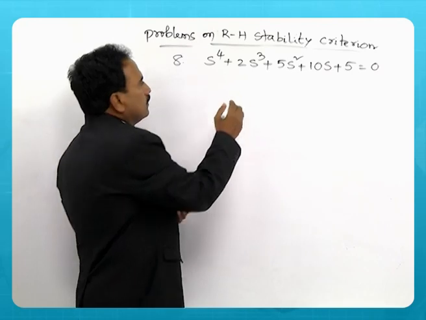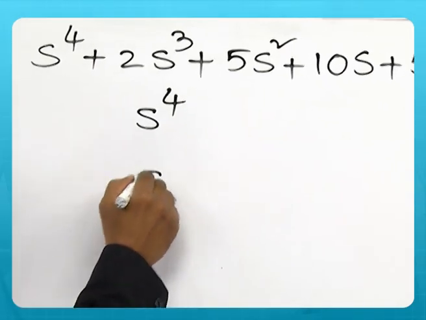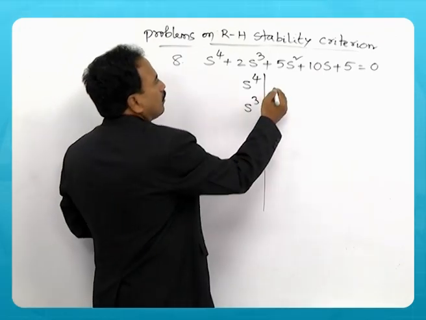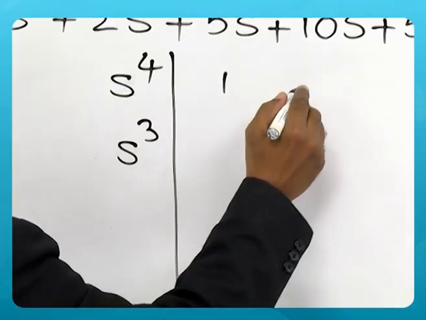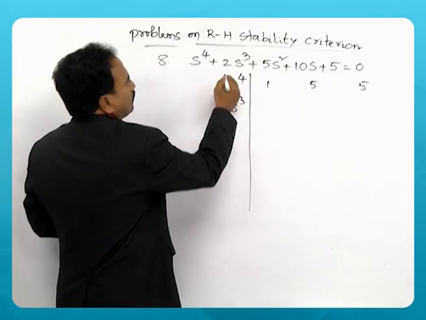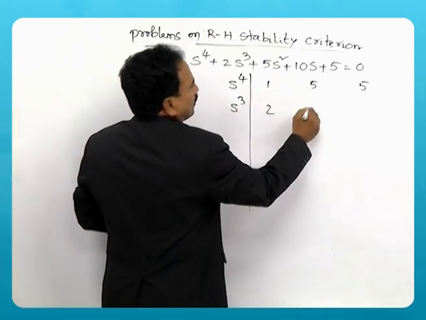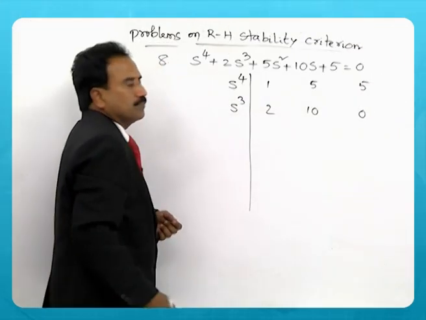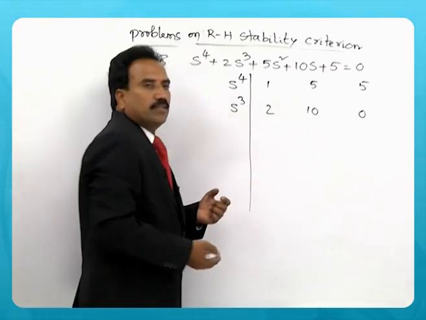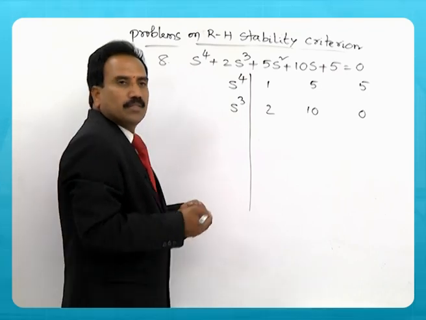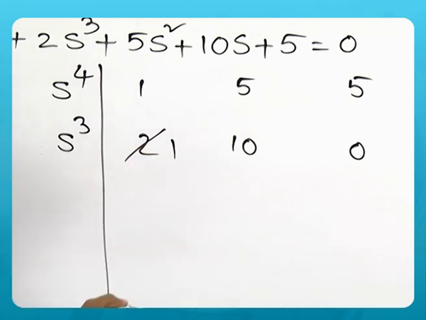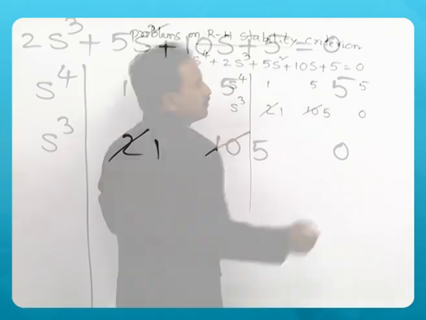So let us consider the s power 4 and s power 3 rows, as usual, as we have discussed in the previous problems: 1, 5 and 5, then 2, 10 and 0. As I indicated, if an entire row can be divided by some number, you can do that for simplification. So this I can say is 1 and this is 5.